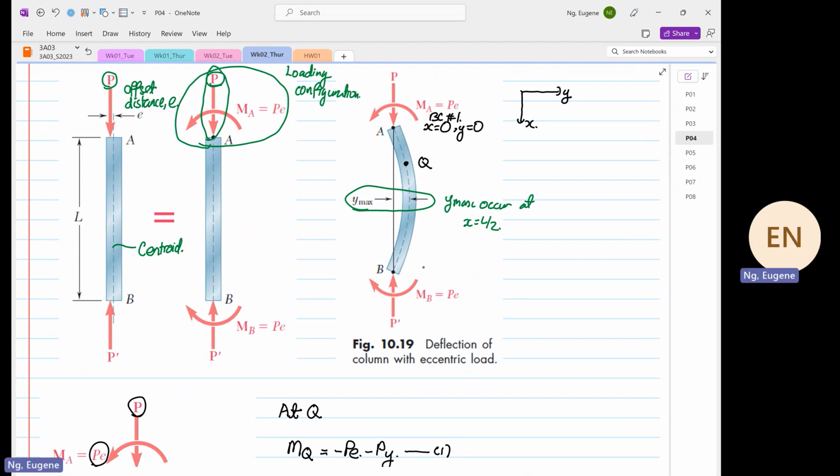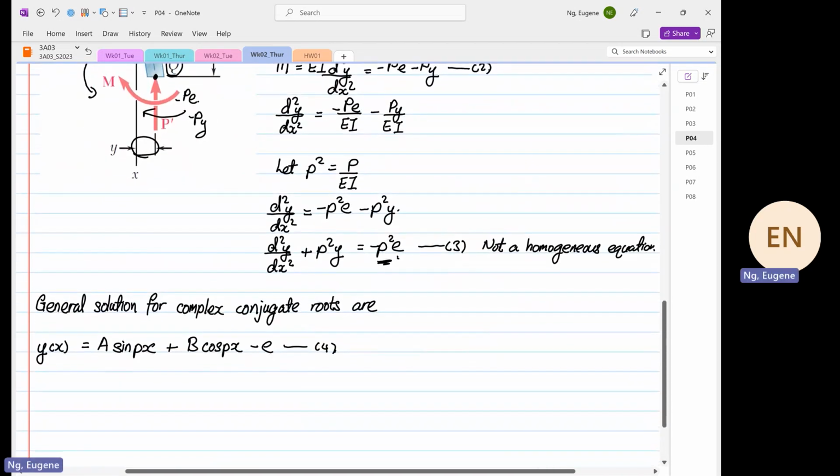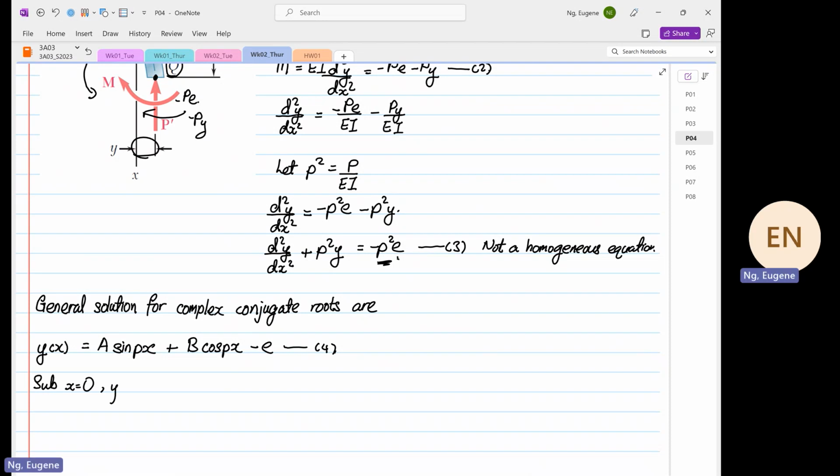And our boundary condition number 2: when x is equal to L, y is equal to 0. Okay, so we're going to substitute x equal to 0 and y equal to 0 into equation number 4.